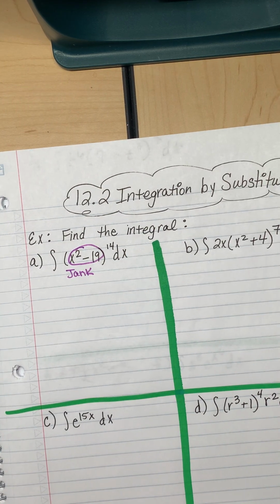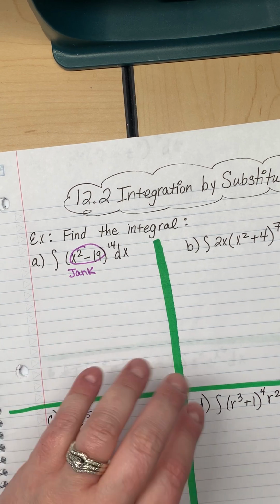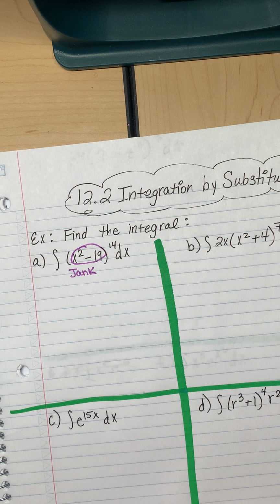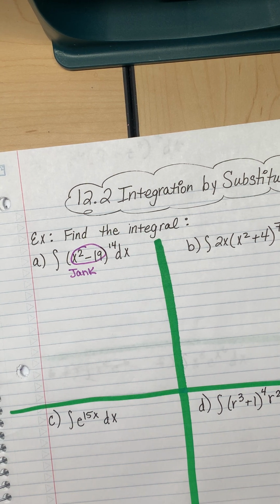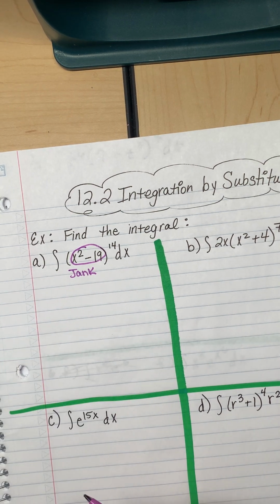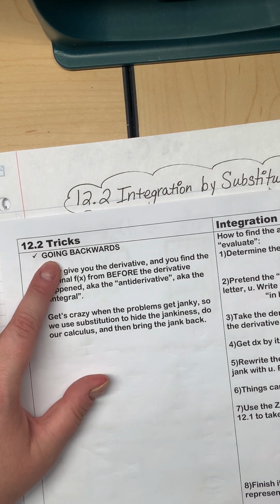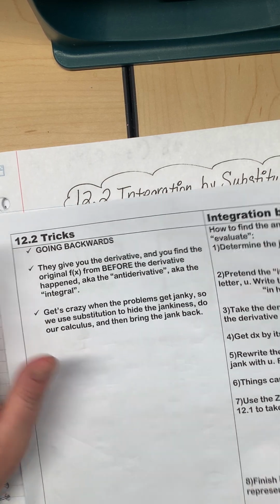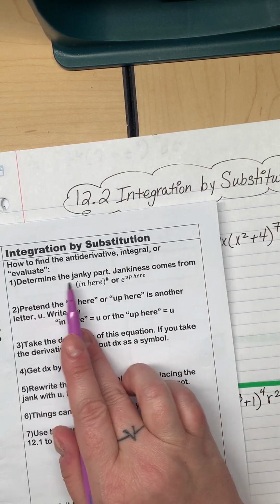So what we're gonna do is we're gonna take that ugly part and we're gonna pretend that it's something else, something pretty and easy. And then we'll use our math, do our rules, and then at the very end, we'll pull this jank back. Okay, so let's look at our tricks. 12.2, we're still going backwards. Okay, it says first step, determine the janky part.